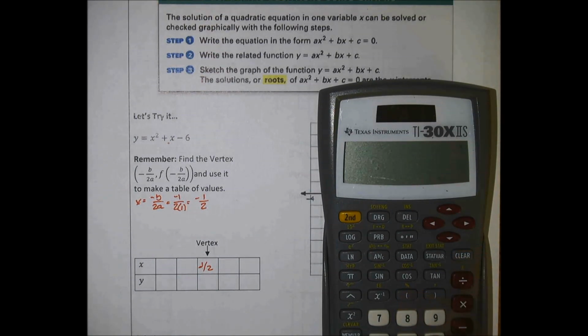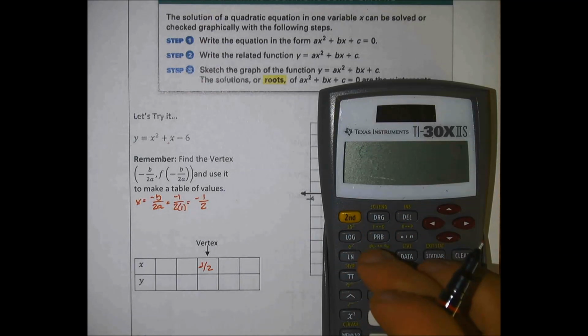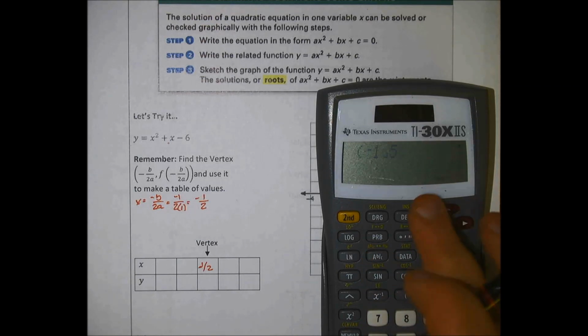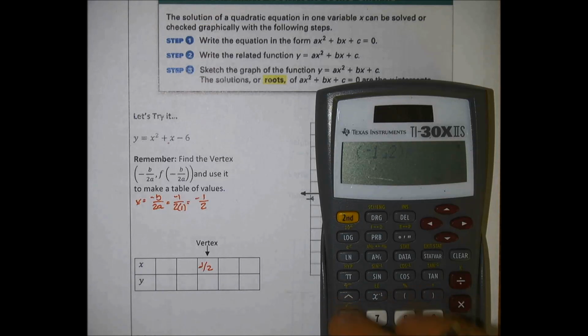We're going to go ahead and plug that in. If you remember how to use the calculator, I'm going to look for fractions here. So I'll go negative 1/2, plus 1/2, minus 6. Having a hard time with the calculator.